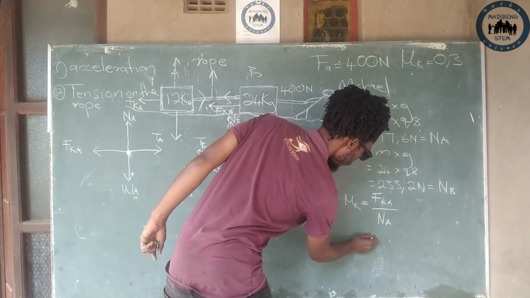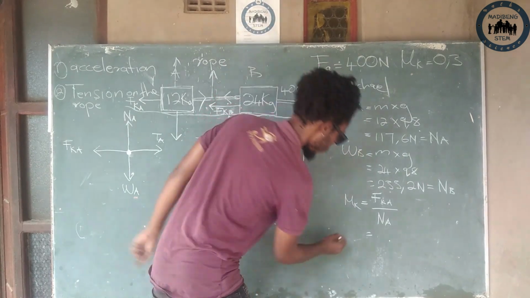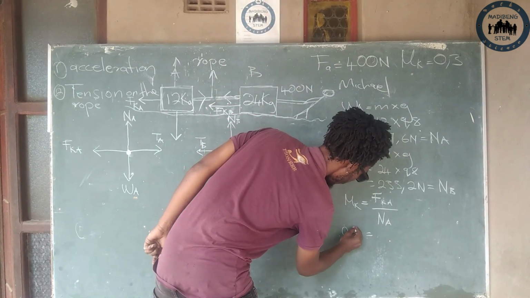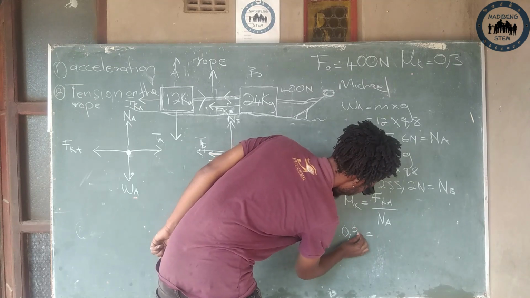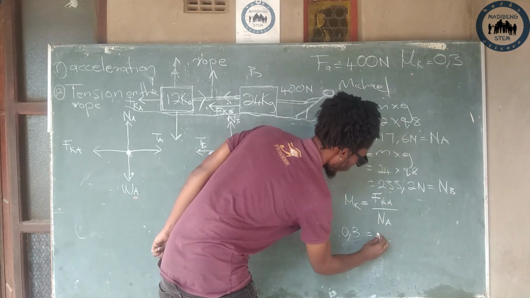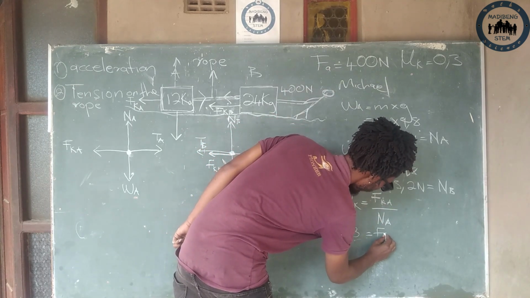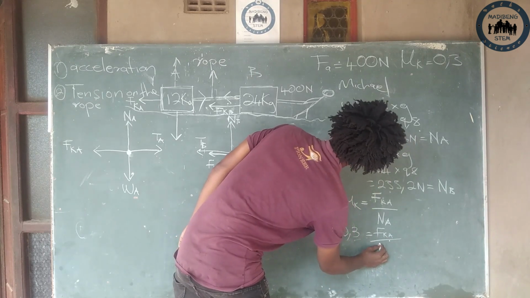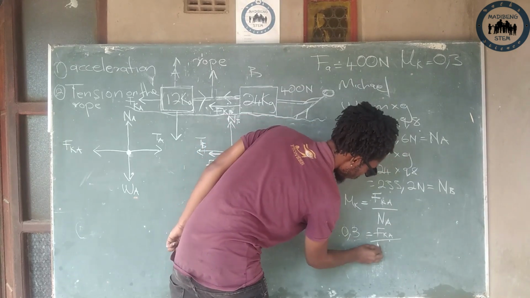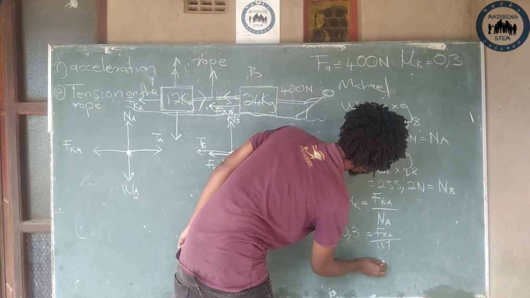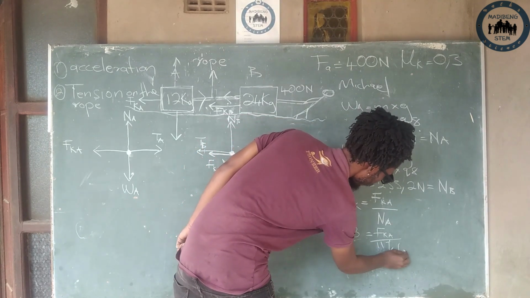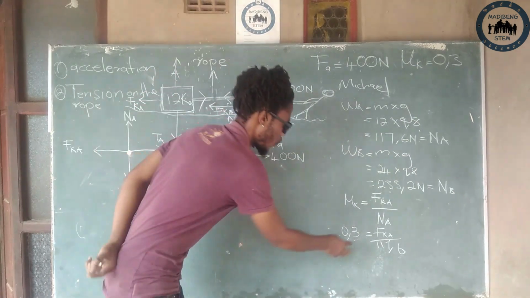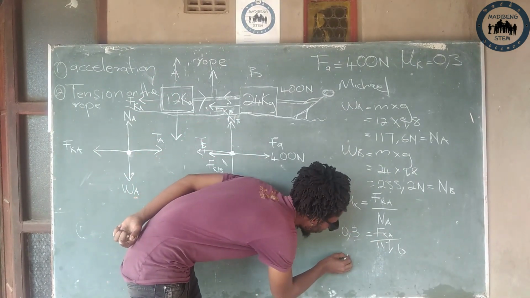So let's substitute. What is our coefficient of friction? It is 0.3. We don't have Fk, we want Fk, divided by the normal force for A, which is 117.6. So we make Fk the subject of the formula.